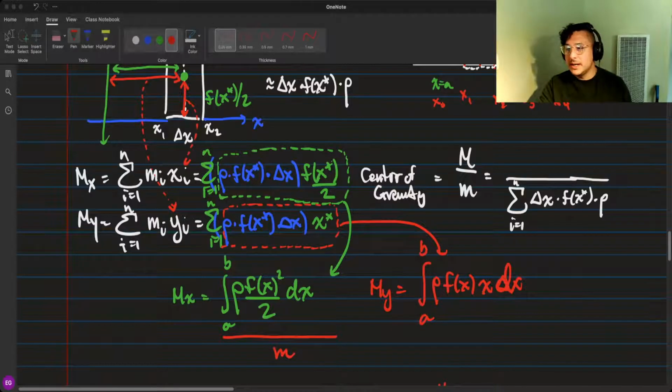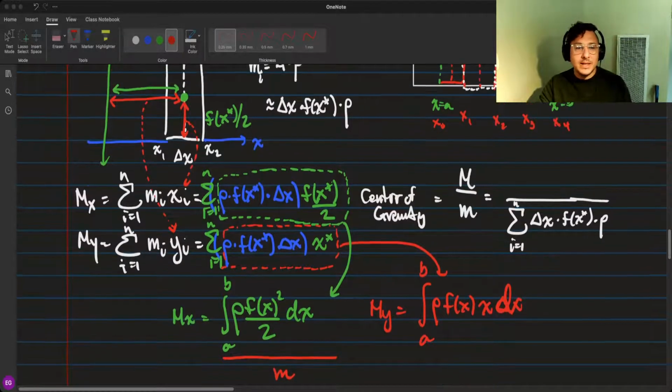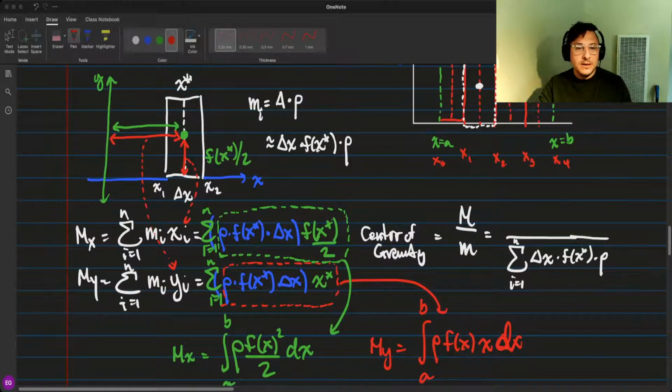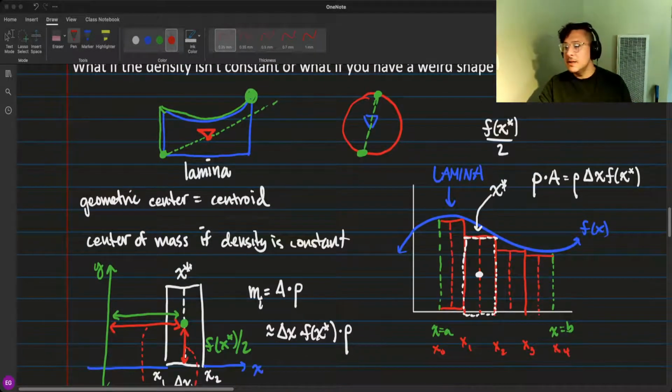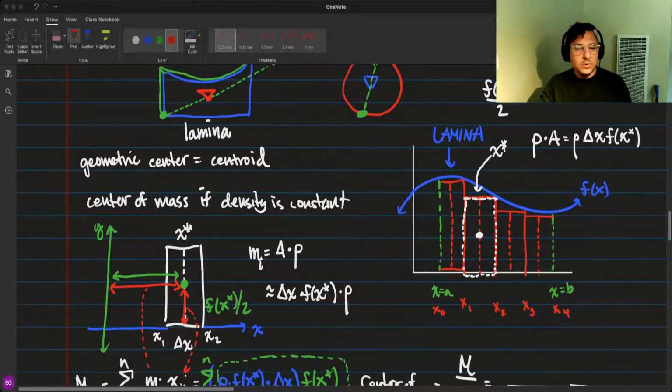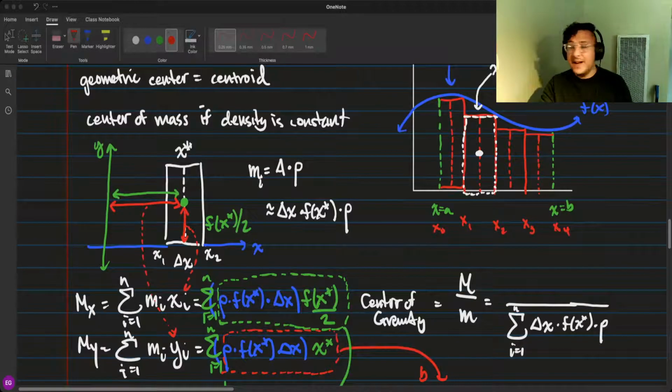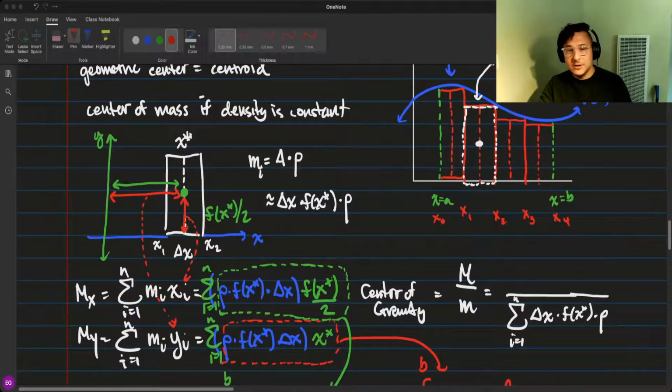There's a lot to it, I will say that. To understand this, what I highly recommend is you sit down and draw through this example that I put here. Draw the lamina, draw the little rectangles that do the approximation, and then go through one of the rectangles and try to find the center of mass for that rectangle.